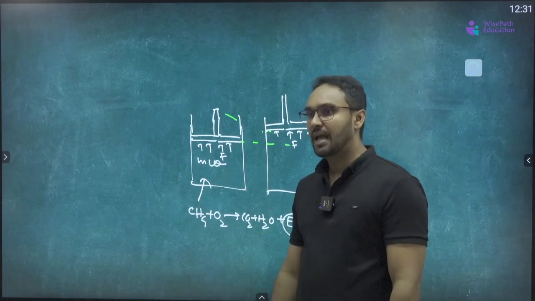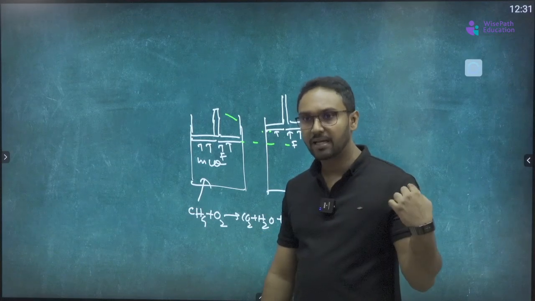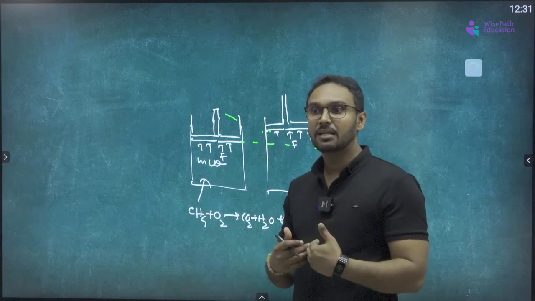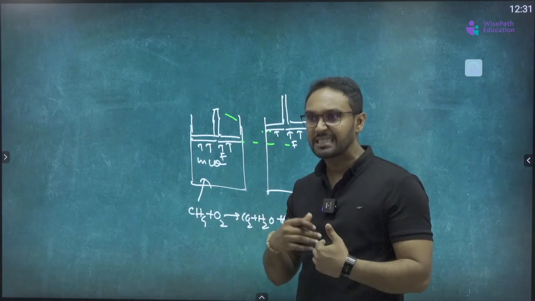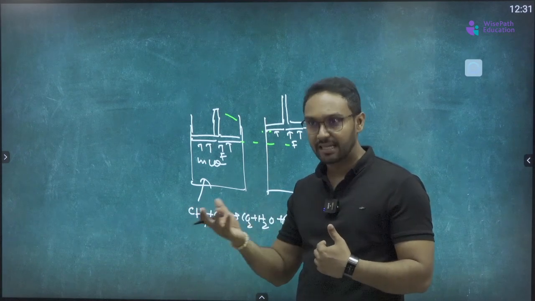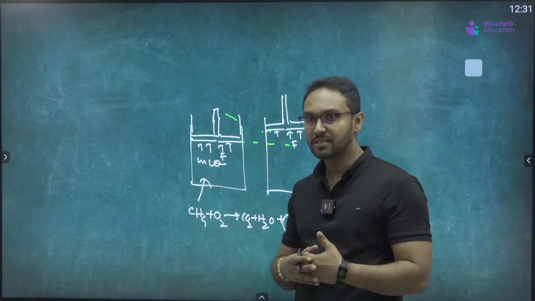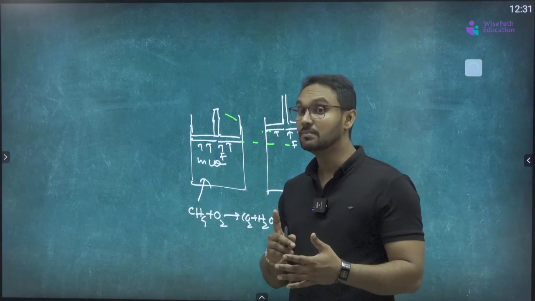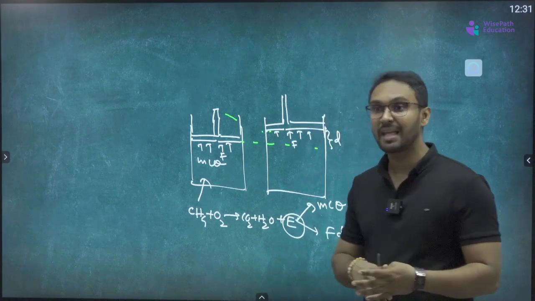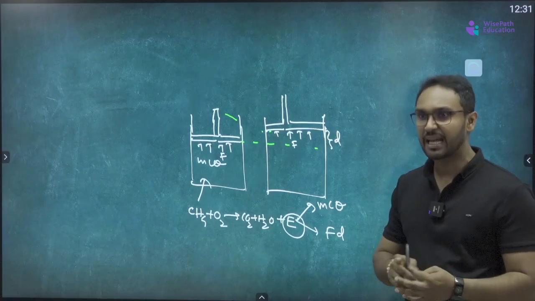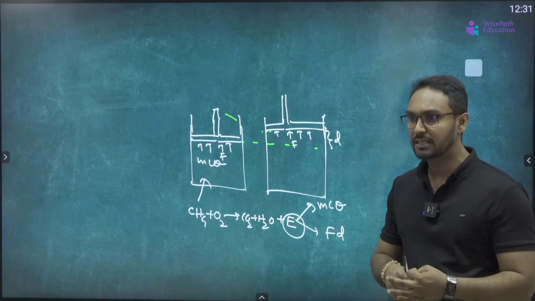And in the beginning I told you that there are two ways the system and the environment exchange the energy. What are the two ways? Work done and the heat. Work and heat are the two ways the energy is exchanged.